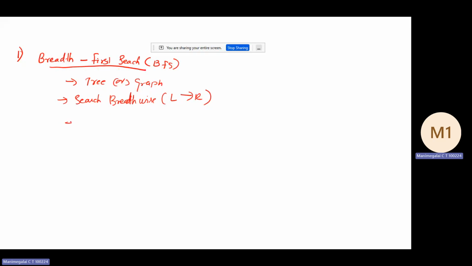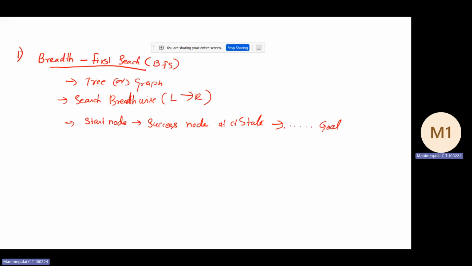So it will start from the start node, then go to all the successive nodes at the current level. Then it will move to the next level, and keep on going until it reaches the goal node. So the BFS algorithm is an example of a general graph search algorithm.